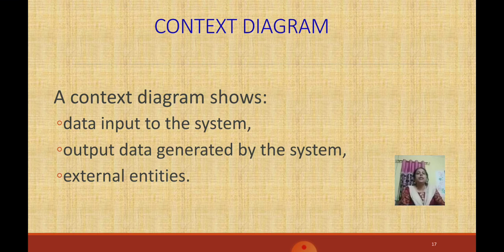A context diagram shows data input to the system and output data generated by the system. Means what is the main objective of that system, what is the main data input to the system, and what is the output of the system and the external entity.